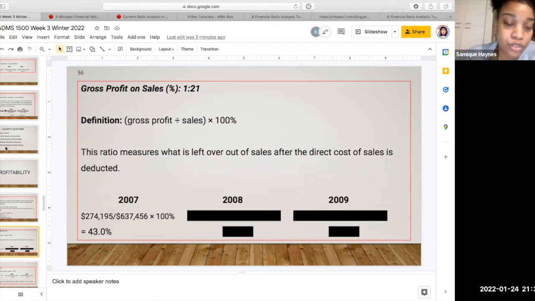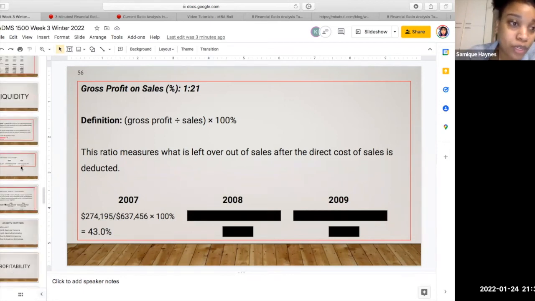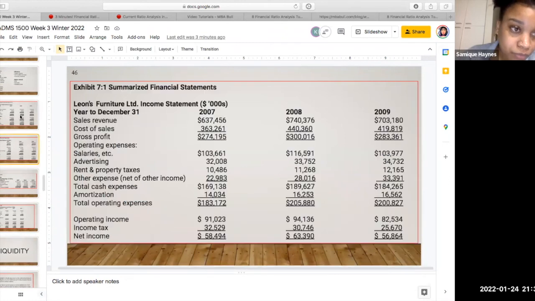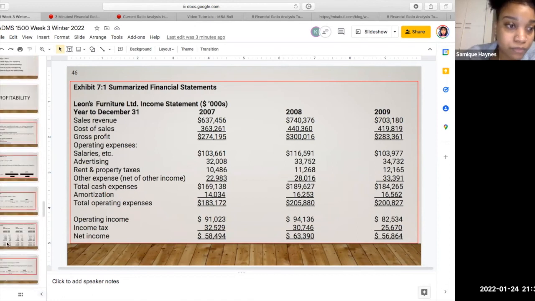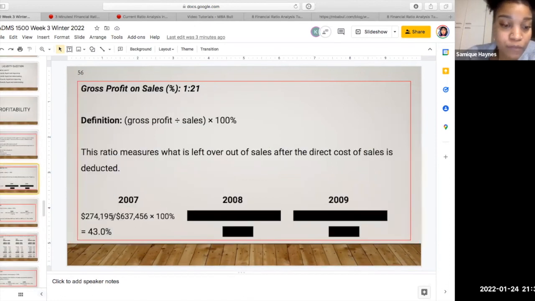Anybody remember? Income statement, very good. So we go to the income statement, and we look for our gross profit, and then our sales, okay? So gross profit, 274,195 over 637,456 times 100 gives us 43%, okay? Gross profit divided by sales times 100%.